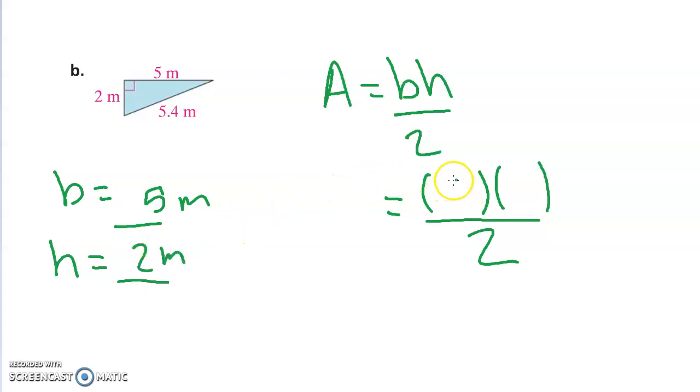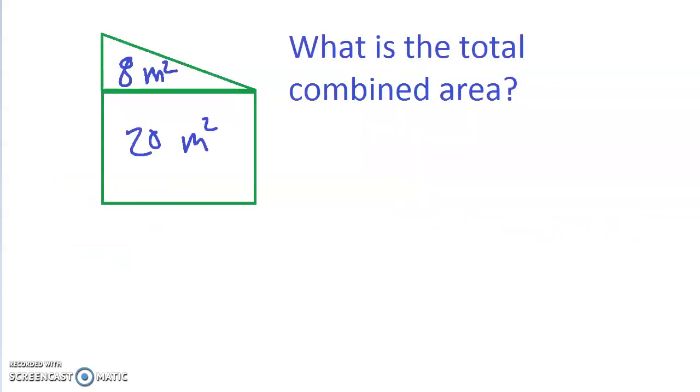We're going to go ahead and plug these in. 5 times 2. 2 and 2 cross cancel, and I end up with 5 meters squared, because area is square area.